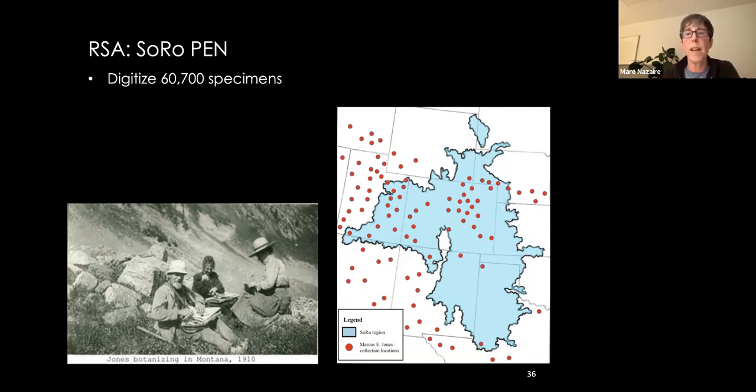We happen to have his collection because he sold it to Pomona College so that he could retire. So this is a major contribution to this TCN. We came on later as a partnership with an existing network, and we are tasked to digitize 60,700 specimens.